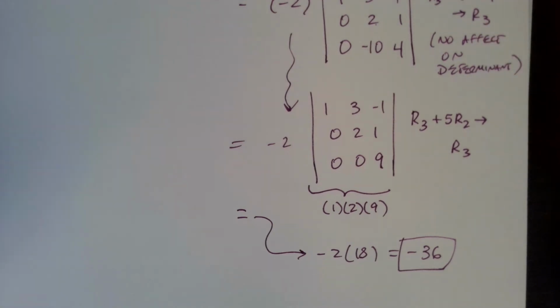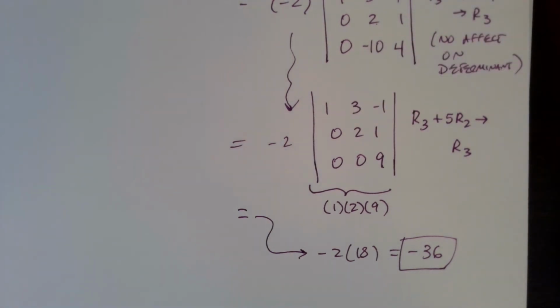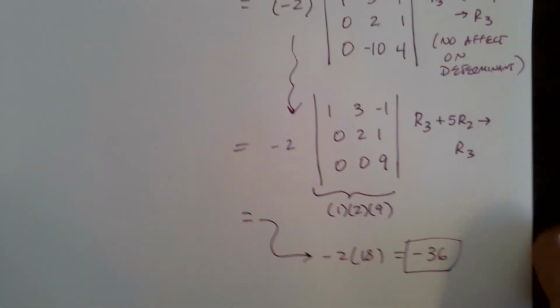Sometimes you could use a combination of the two. You can sometimes get it to this form, and then you can do a cofactor expansion to find the determinant. Because again, this process is very good for introducing zeros, cost-free, so to speak.